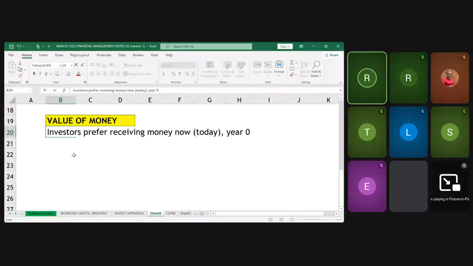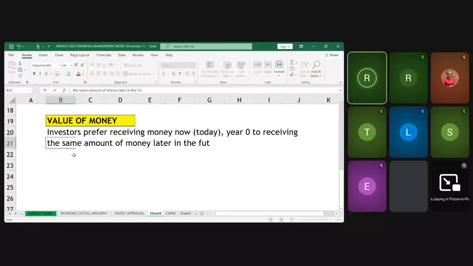We prefer receiving money now, which is today, or year zero, to receiving the same amount of money later in the future.